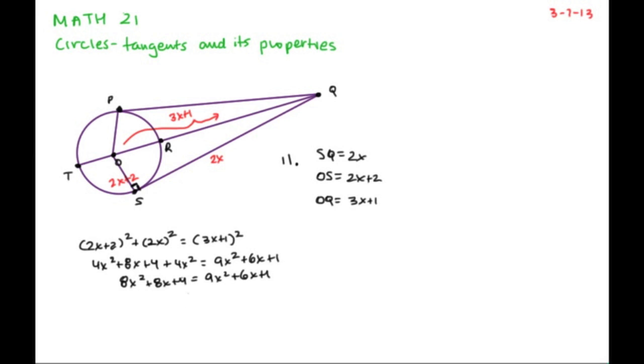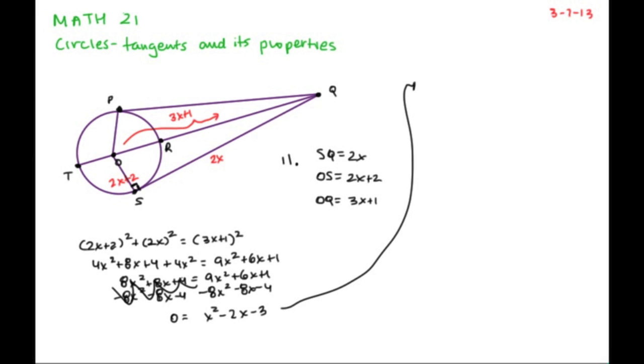x squared here is important, so let's just subtract all of this, and I mean all of it, onto this side. So this whole thing is going to cancel and equal 0, and this is just going to be x squared minus 2x minus 3. And we can now solve that. So let's see.